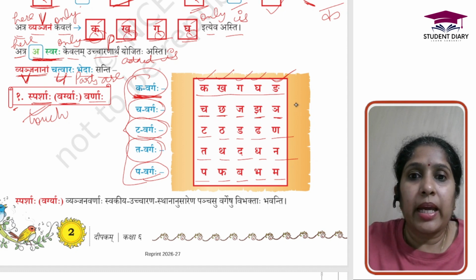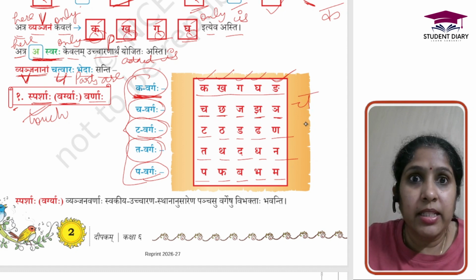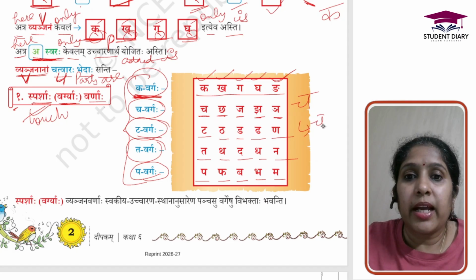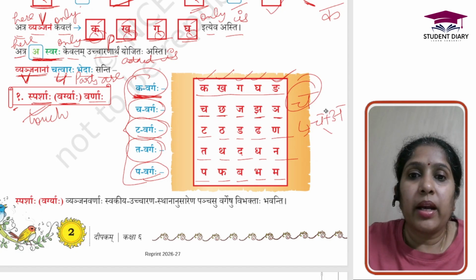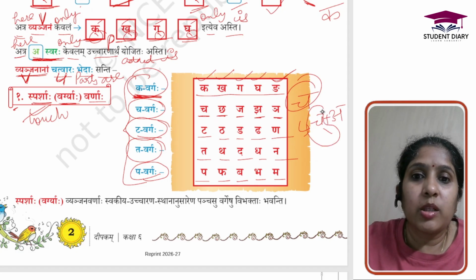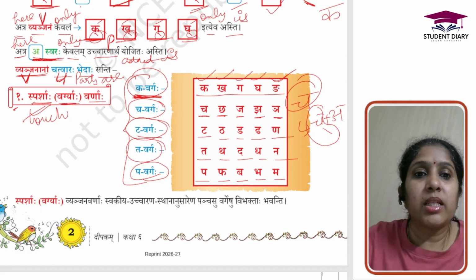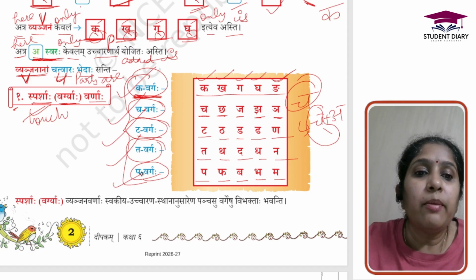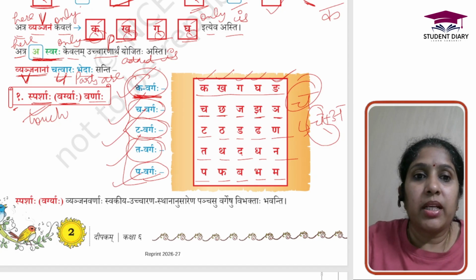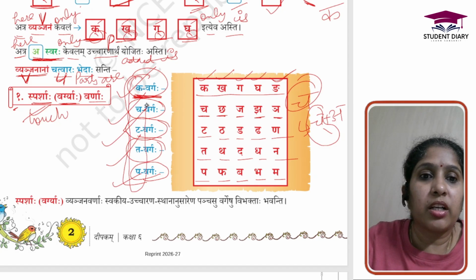So now remember once again, if you are writing cha, that is not the exact vyanjana. It is written actually, this cha is written as cha plus a. Correct? So this cha is only the vyanjan. Right? I hope everyone has understood the five vargas: kavarga, chavarga, tavarga, tavarga, and pavarga. Right? So basically, these are like the hint, correct? Ka, cha, ta, ta, pa.